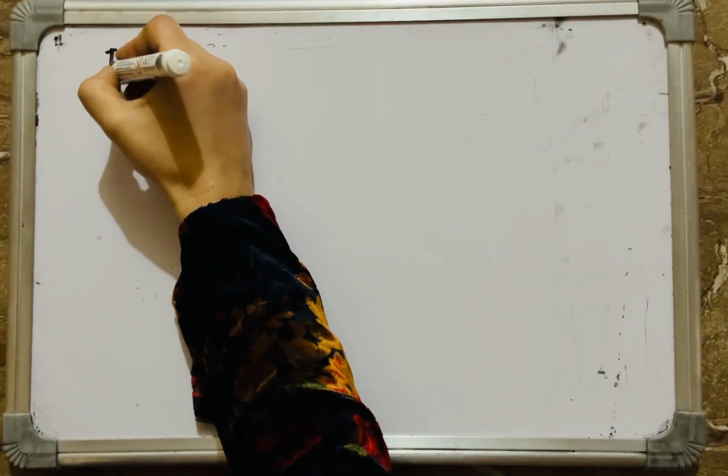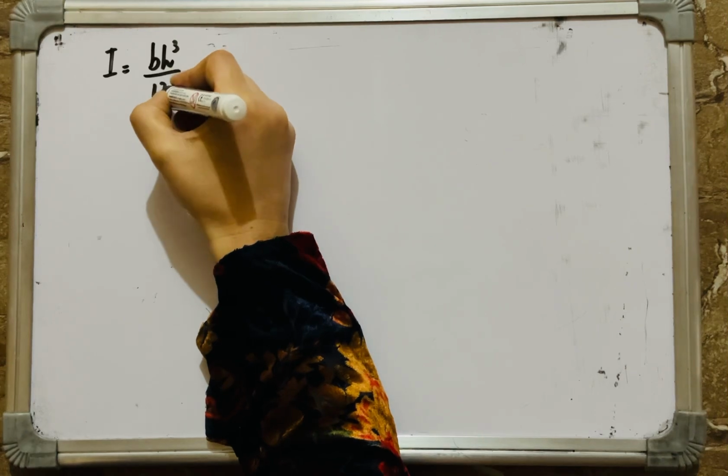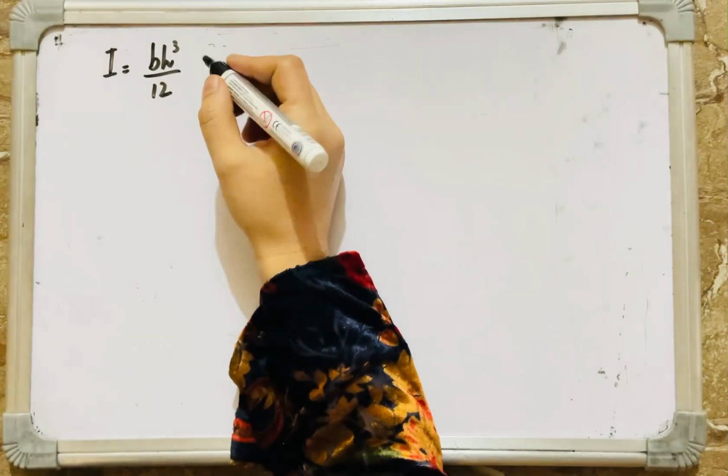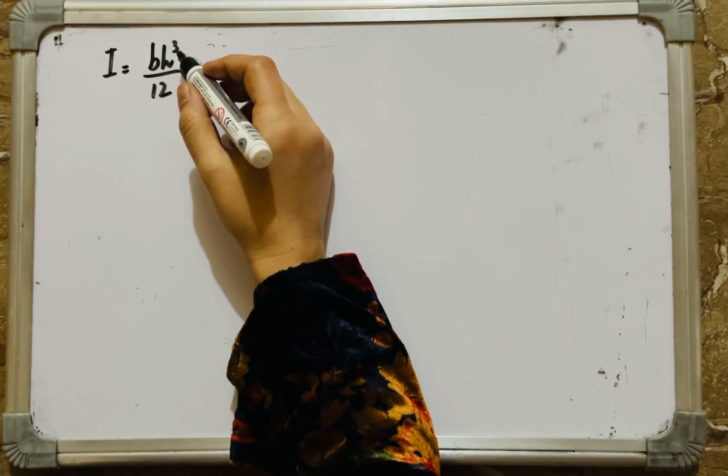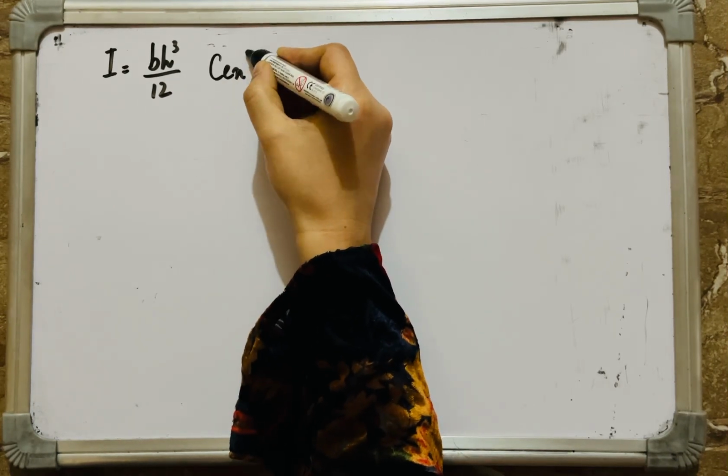This is to be noted here to avoid any confusions whatsoever. Moment of inertia of a rectangle about the axis passing through the centroid is given by bh cubed by 12, where b is the width and h is the height. This is the moment of inertia of the rectangle about the axis passing through its centroid.